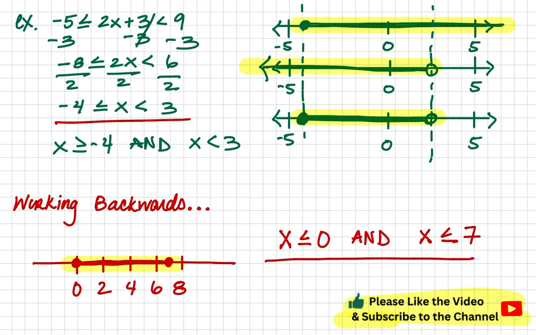We can write it this way, but I want you guys to get comfortable writing it both ways. So then we have 0 is less than or equal to x, which is less than or equal to 7.